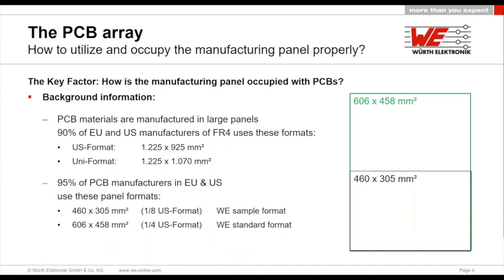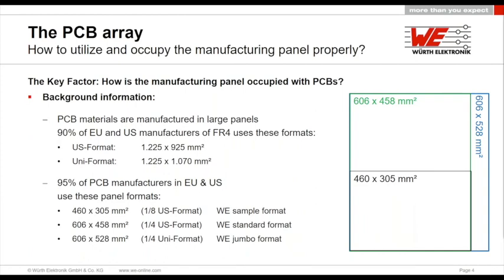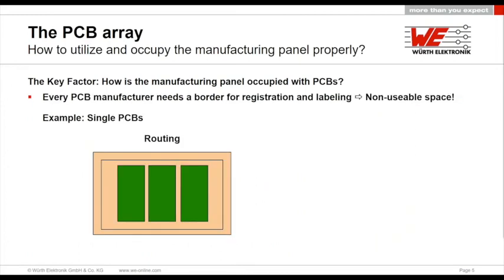We use this as our standard manufacturing format in our series production. And then we have the 1/4 uni format. We call it internally the jumbo format because it's a little bit bigger than the standard format. So you see, these are basically not only for us, but for most of the PCB manufacturers in US and Europe, the manufacturing panel sizes with which they work in their shops.